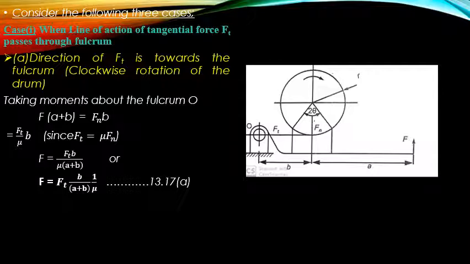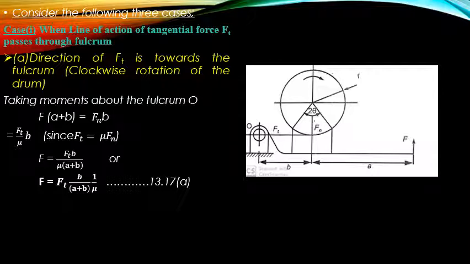Now we know that Fn can be written as Ft by mu, since Ft is nothing but mu into Fn. So if we substitute that, we get the effort F as Ft b divided by mu into (A plus B).